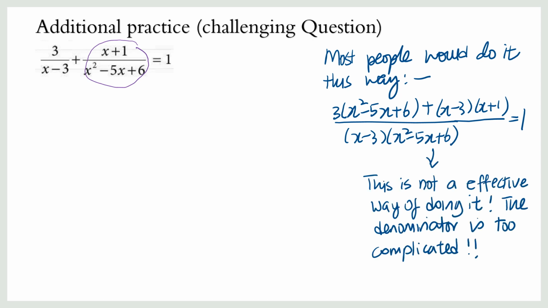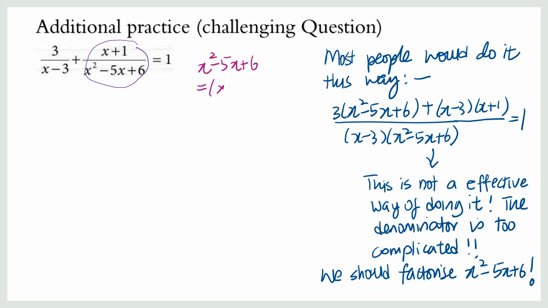But if you just combine both denominators, just multiply them together, it's not going to be an effective way of doing it, because the denominator is going to be very complicated. So what we should be doing is to factorize x squared minus 5x plus 6. X squared minus 5x plus 6 is a quadratic expression, and we can factorize it into two linear factors, x minus 3 and x minus 2.